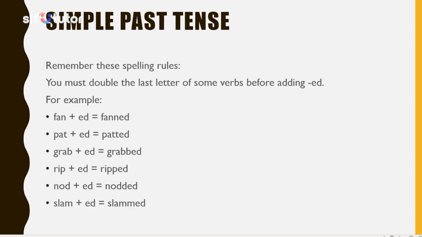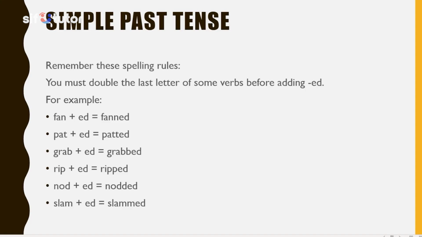So if it's certain words like fan or pat, grab, rip, nod, or slam, these words are a little special because you have to double the last letter. For example, if it's fan, you have to add another n because n is the last letter in this case.